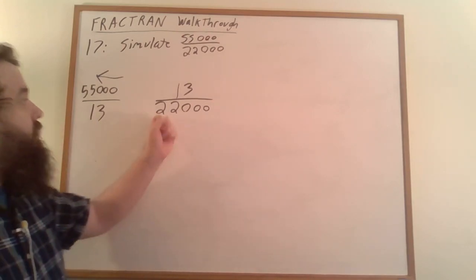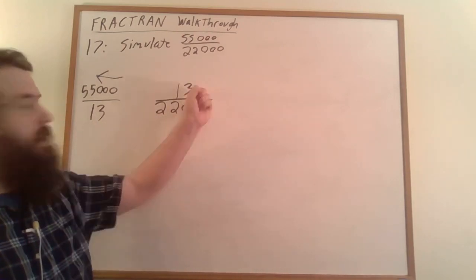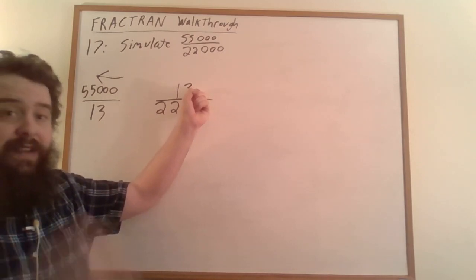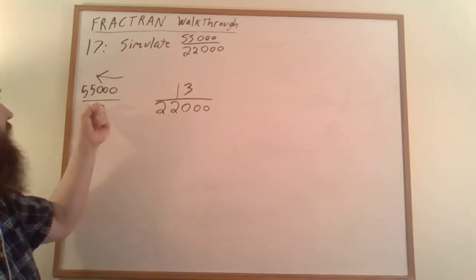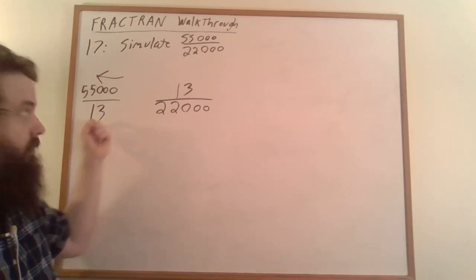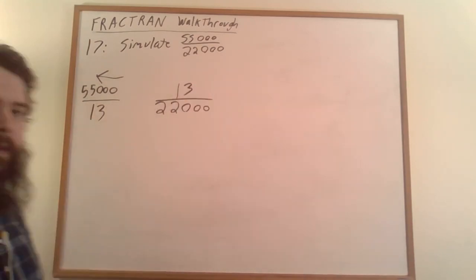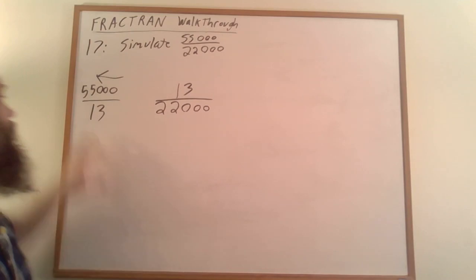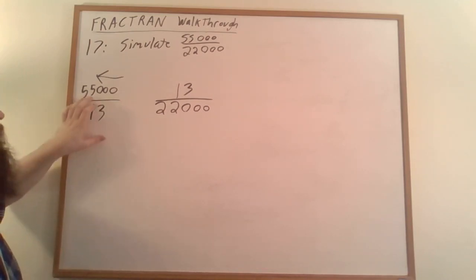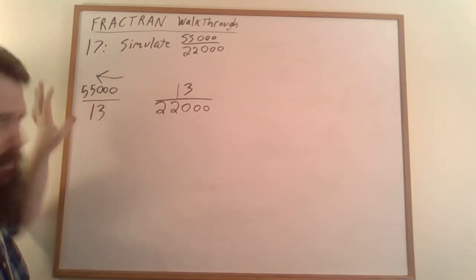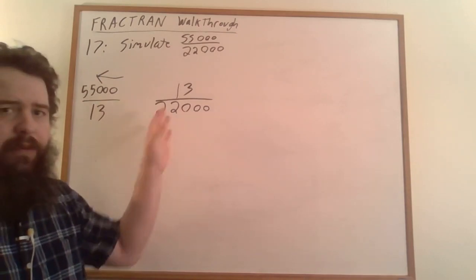But when we do catch on this fraction and introduce a 13, at the very next step, we'll catch on this fraction because there's a 13 present, because we made there be a 13 present. And that's exactly what we wanted to do. We want this 13 to turn into a 55,000 right away before the program has the opportunity to do anything else to our number.